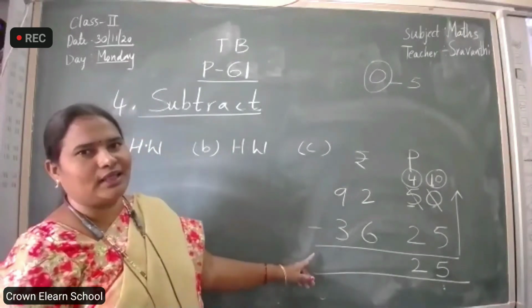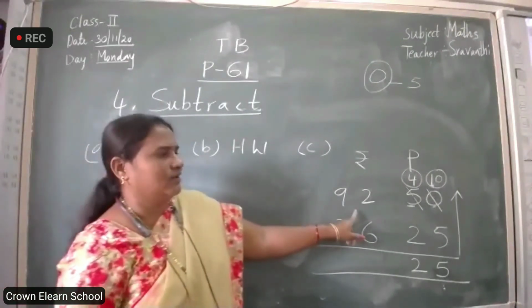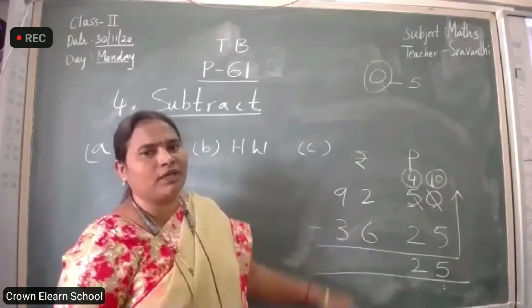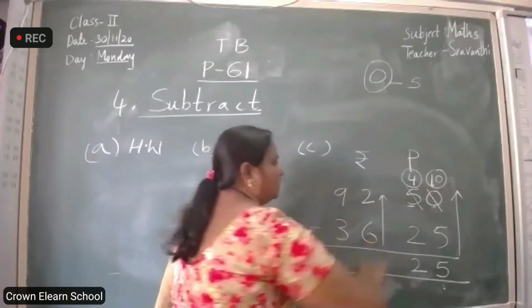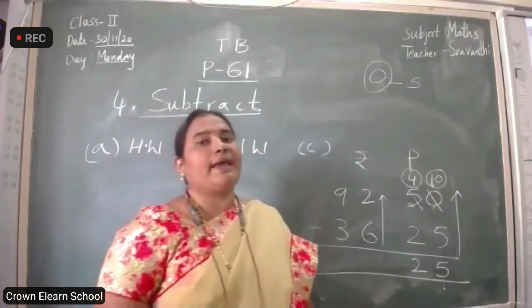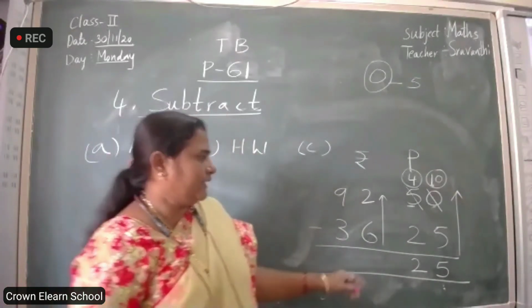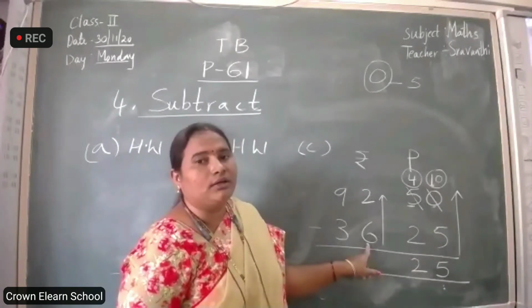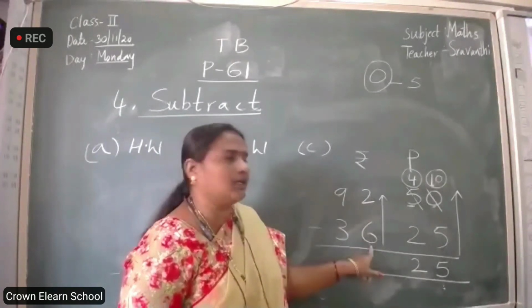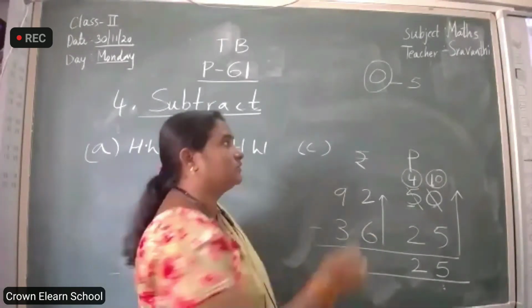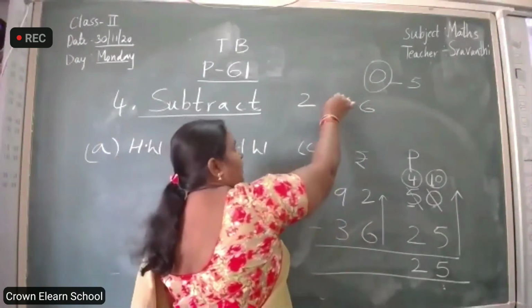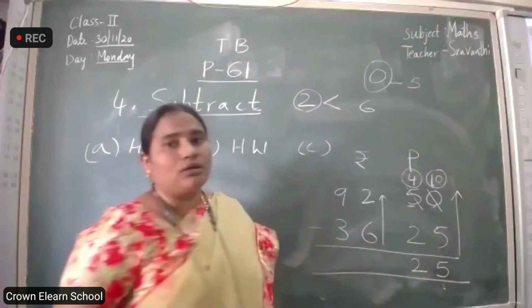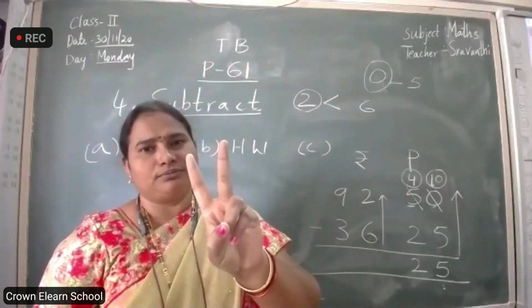Next. Rupee column. Let us go to rupee column. We need to check now whether we can subtract or not. Let us see. How is 2 to 6? We know that 2 is smaller than 6. You have 2 chocolates only.